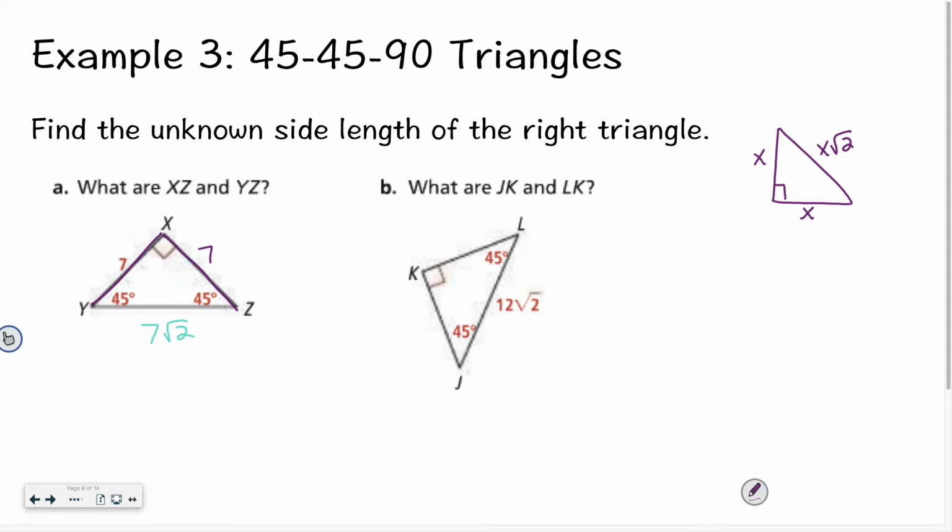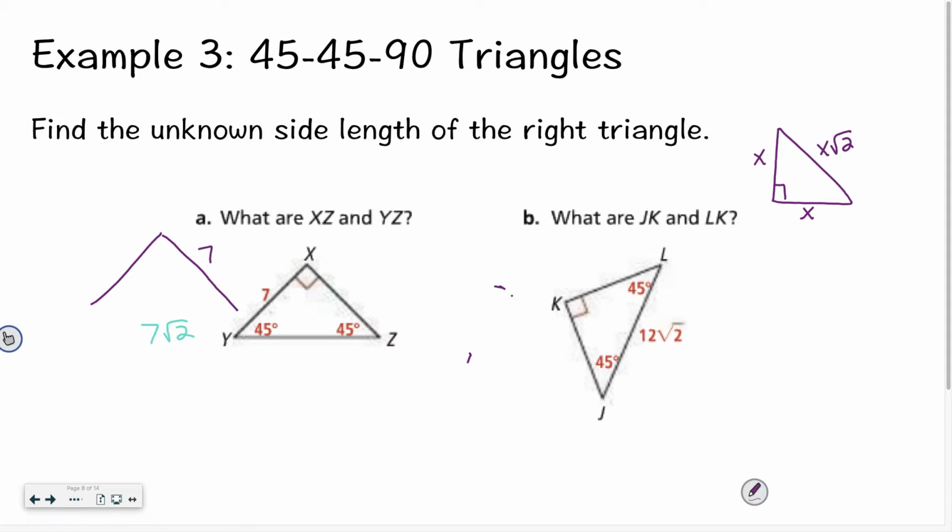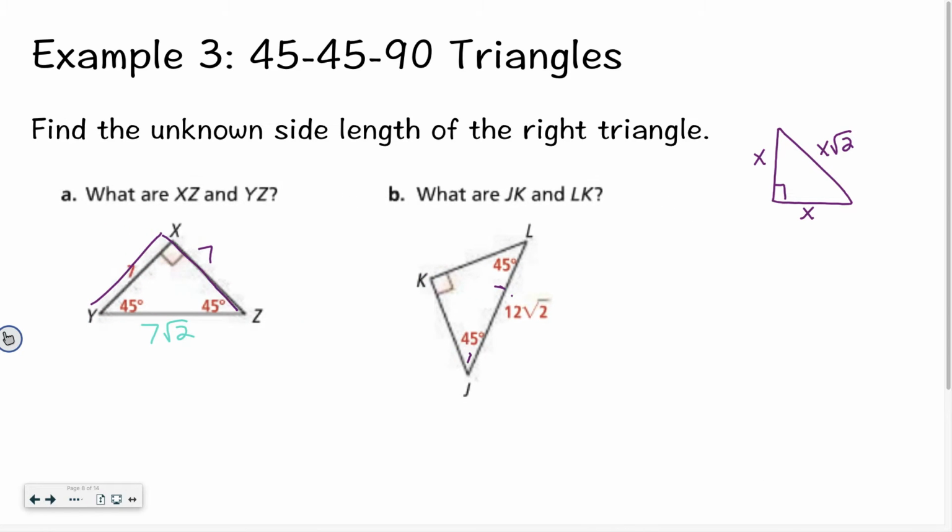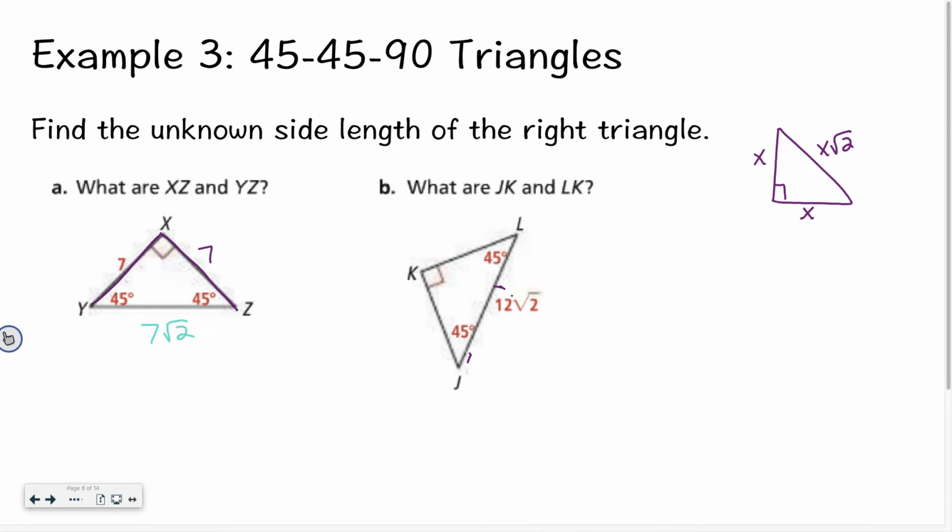Then let's look at letter B. What are JK and LK? Well, I know that the hypotenuse has to be the short side times the square root of 2. So the hypotenuse equals the short side times the square root of 2.